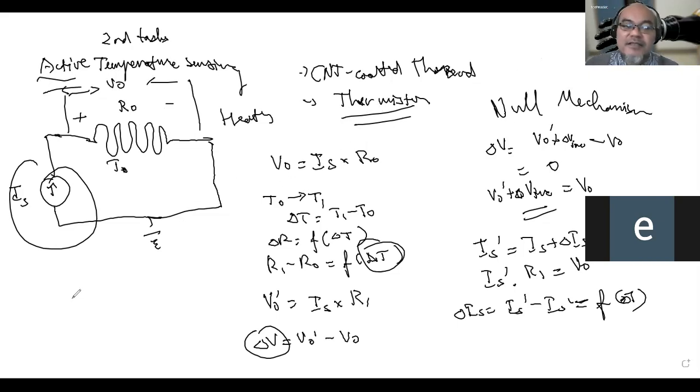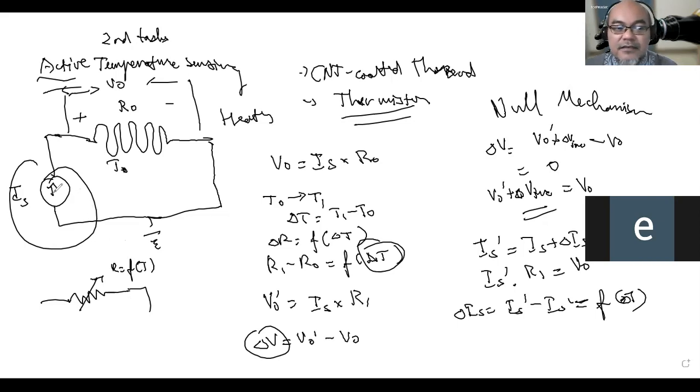A passive thermistor means you have a thermistor that depends on temperature, like this, and passively you just measure the resistance here. But you don't control the current flowing through that resistor.